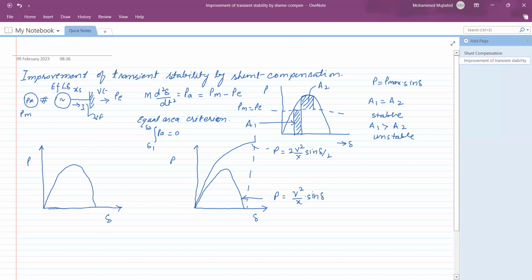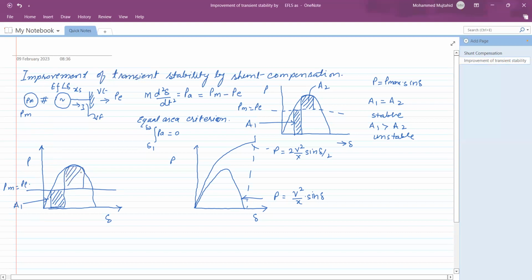Now say this is the operating position, and the fault occurs. Due to the fault in the system, it makes some acceleration area A1, and because of the oscillations, say this is the area A2.